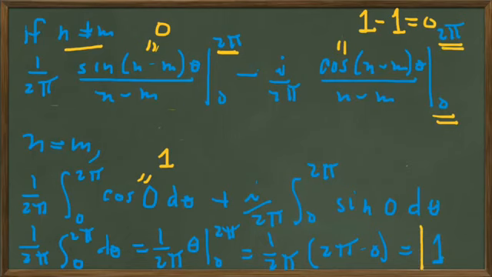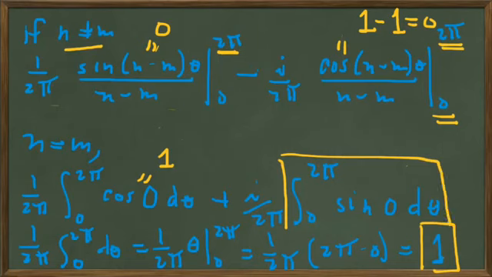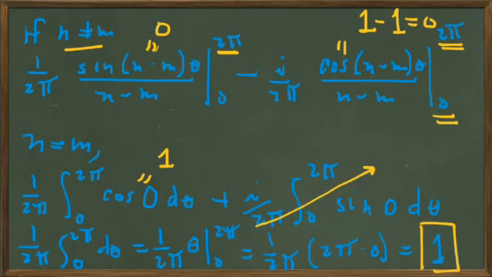And if we look at the other integral, sine of 0 is 0, so we're just taking the integral of 0, and therefore this entire term is 0, and so the result that we get is 1.